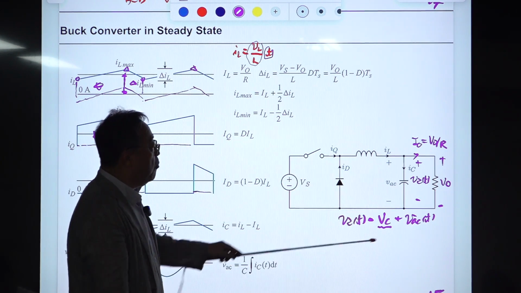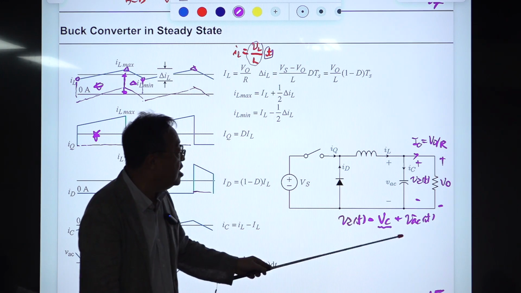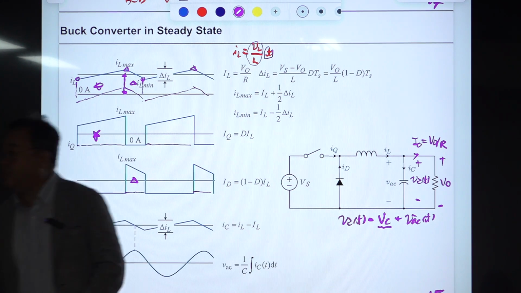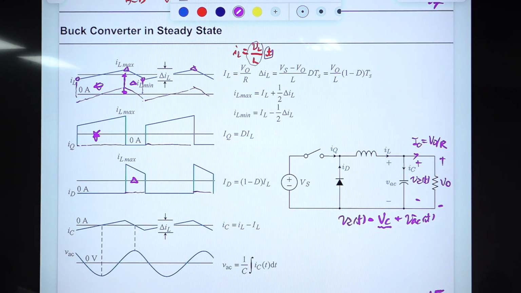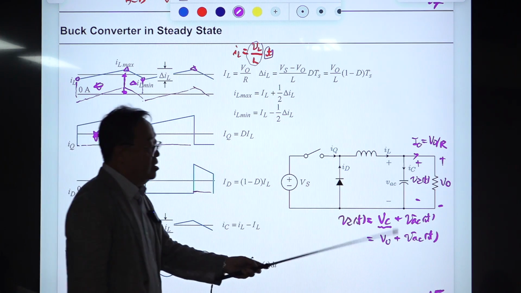So the small-ripple approximation indicates this is 0, and this is VO. So this is then VO plus VAC, the AC component of our output voltage, which is the ripple voltage, very small compared to the DC value. Okay, but somehow we want to evaluate this one.